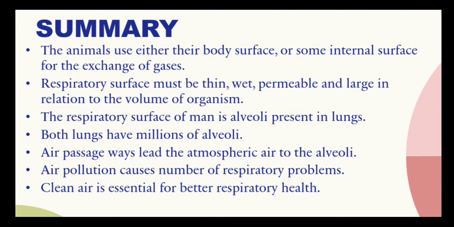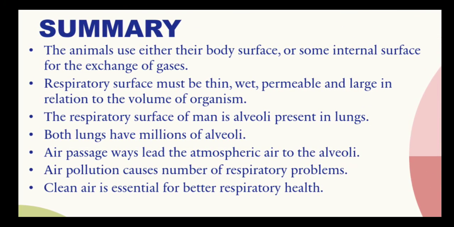The animals use either their body surface or some internal surface for the exchange of gases. Respiratory surface must be thin, wet, permeable, and large in relation to the volume of the organism. The respiratory surface of man is alveoli present in lungs. Both lungs have millions of alveoli. Air passageways lead the atmospheric air to the alveoli.